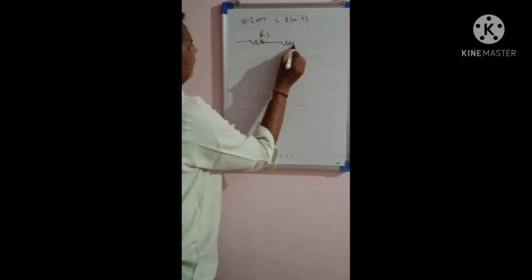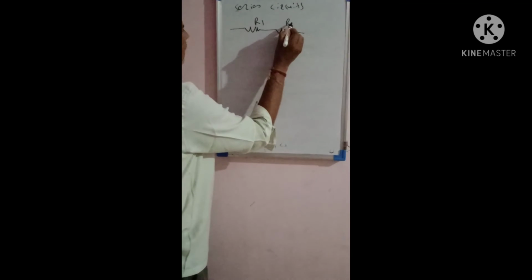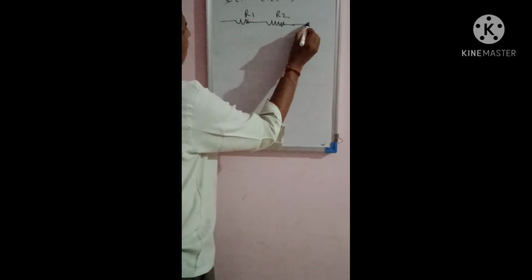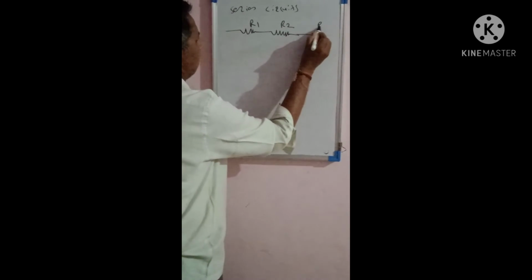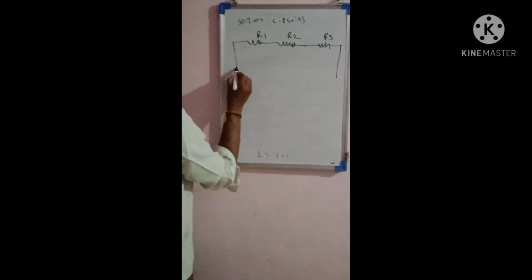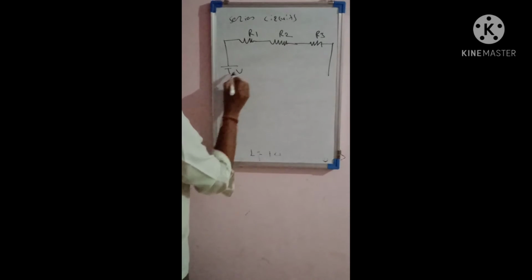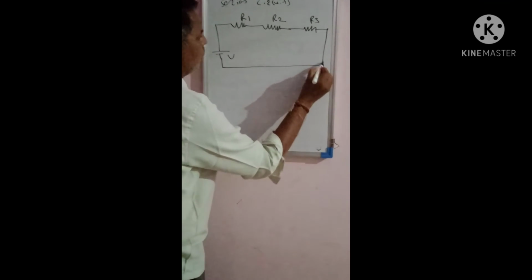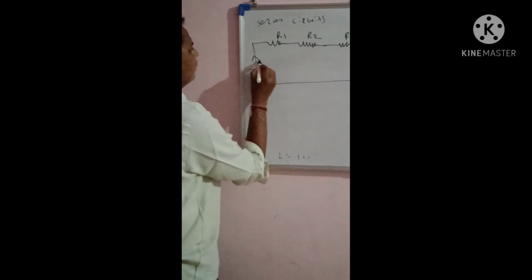This type of connection is called a series circuit. We connect R1, R2, R3 one after another, give the supply voltage V to this network, and due to this supply voltage V, current I flows through this network.